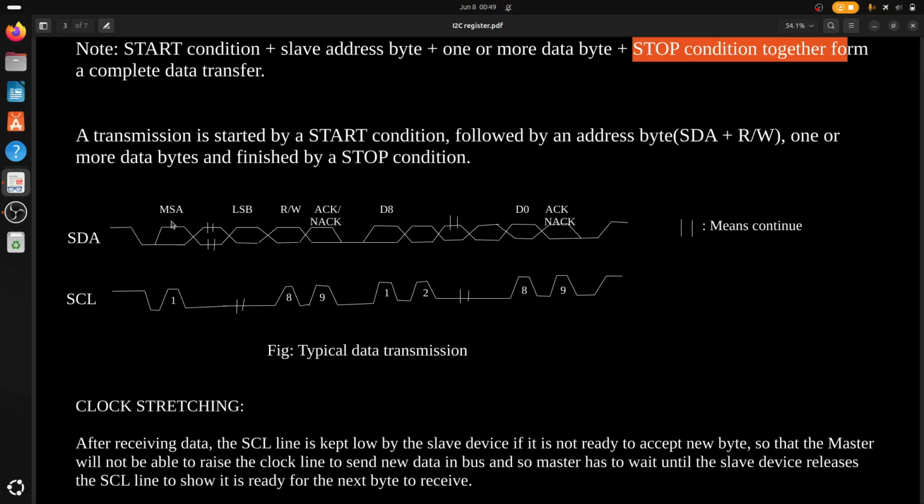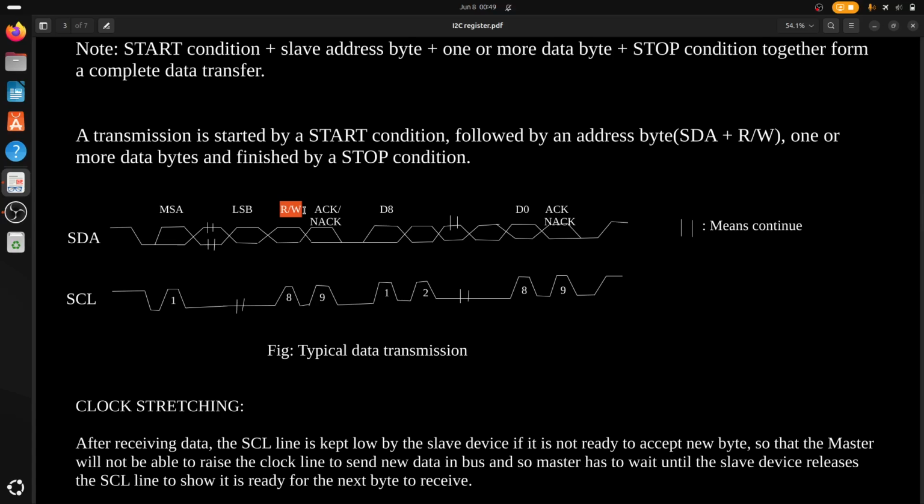Okay, and then the read/write condition. It is choosing a particular address of a slave device. That means it has already chosen one slave device, right? And then this read/write condition.